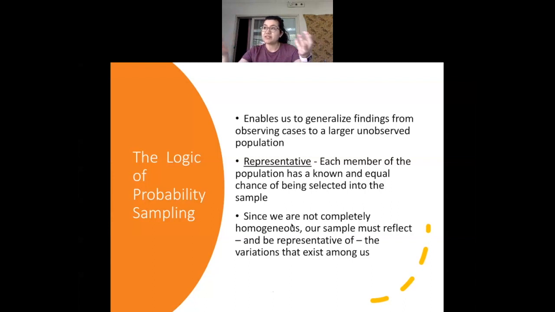And the other aspect of it that sort of pulls you in a different direction is that the sample needs to be representative of the larger population. So if we have a sample that was random, but it has like no people who are super wealthy in it, and we're trying to say something about wealth and spending, right? Then we're going to be completely unaware of this whole other stratum of the population.